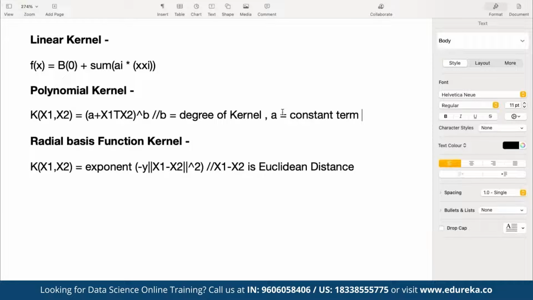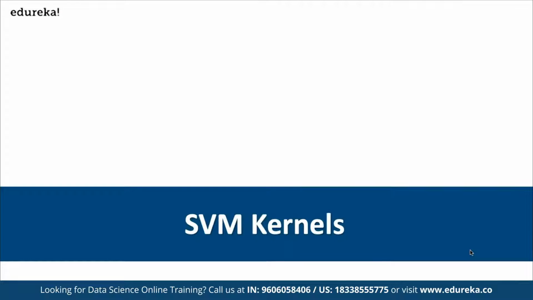So here we have linear, polynomial, and then we have radial basis function. There are multiple use cases. Before we proceed further, there are multiple use cases of the radial basis component as well. Here we can use it for face detection, for text and hypertext categorization, for the classification of images, for bioinformatics, for protein fold and remote homology detection as well.